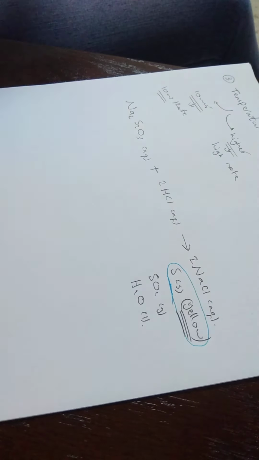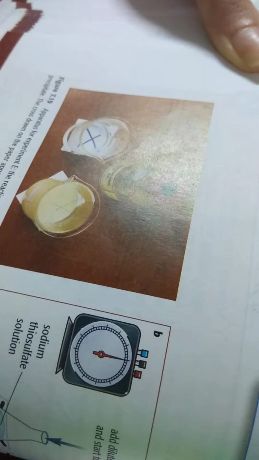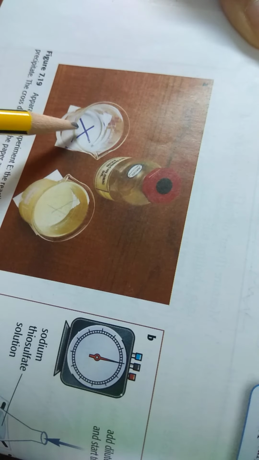In the book, they are describing a way to observe the formation of sulfur. You can see here we have two solutions at first. The solution of sodium thiosulfate here in the beaker.